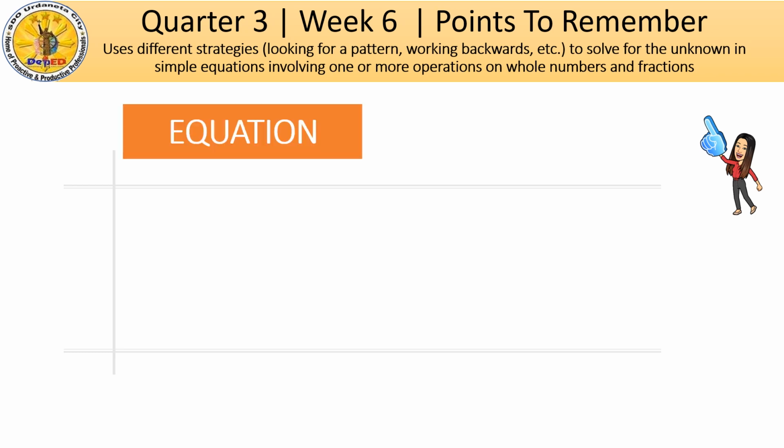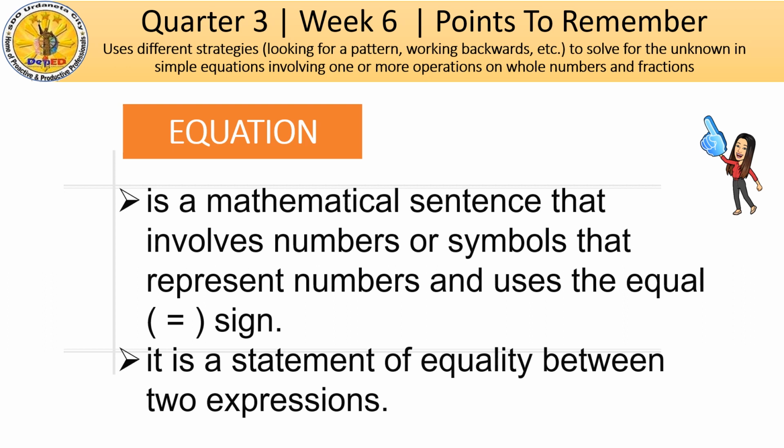Let's define what an equation is. An equation is a mathematical sentence that involves numbers or symbols that represent numbers and uses the equal sign. Or it is a statement of equality between two expressions.